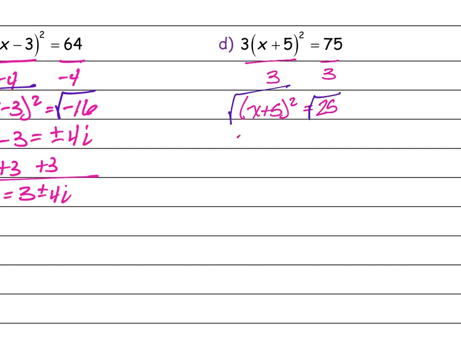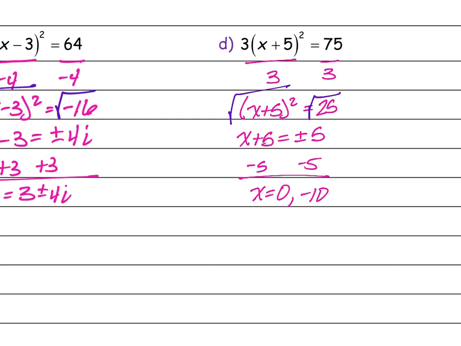And I'm going to get x plus 5 equals plus or minus 5. Subtract 5. X is going to equal 0 or negative 10. Hi, Zach. That's okay. Okay, thanks, Zach. So 0 or negative 10.